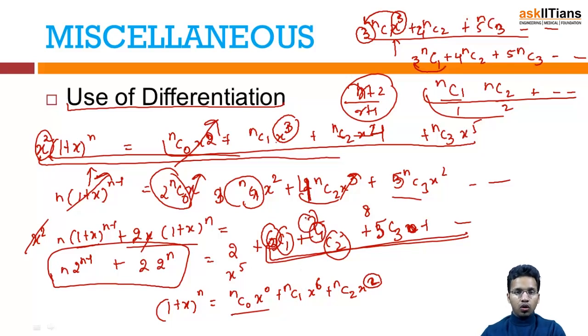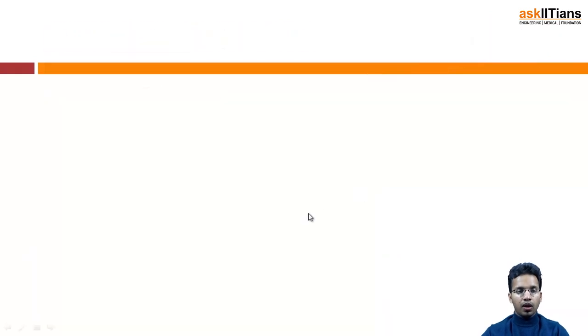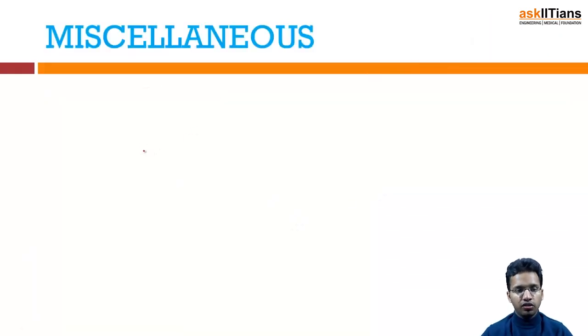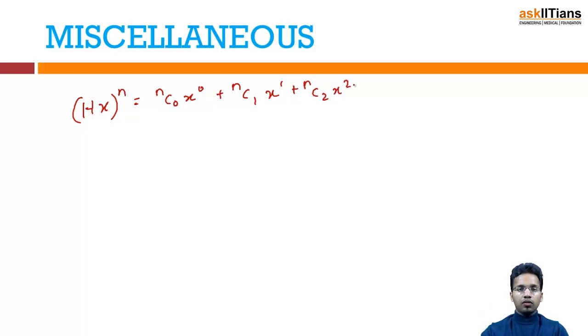Now again note that the difference is not always going to be 1. So what do we do in those situations? For example, suppose I require this series: nc0 x raised to power 0 plus nc1 x raised to power 1. Now suppose in the question, instead of a gap of 1, the series required is 3c maybe 4c2 plus 6c3 like this.